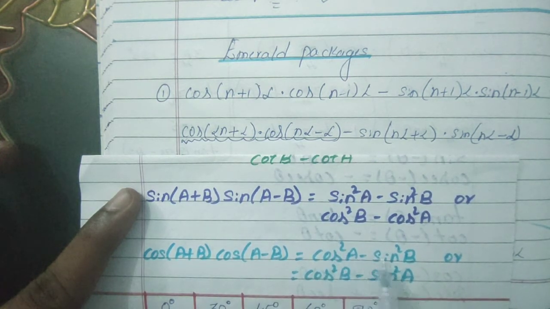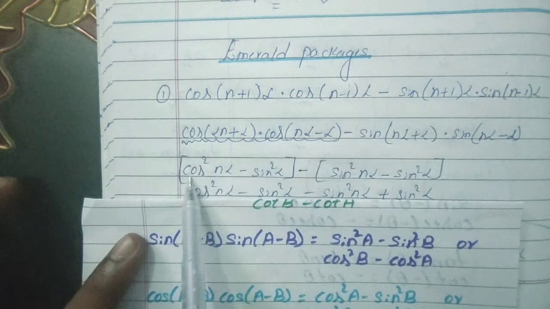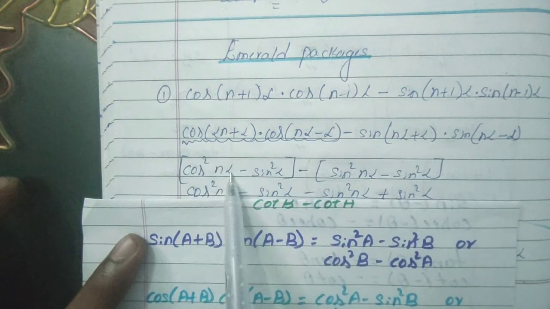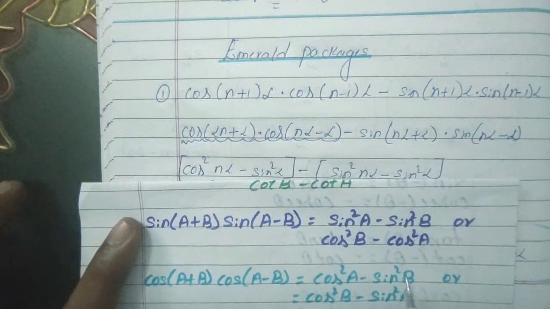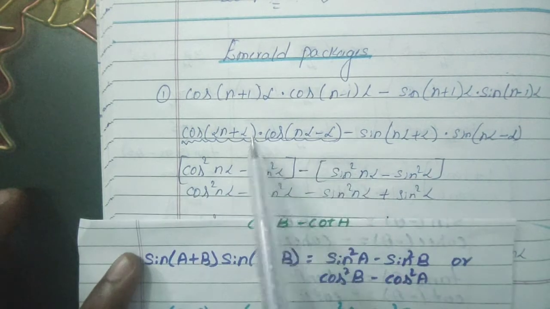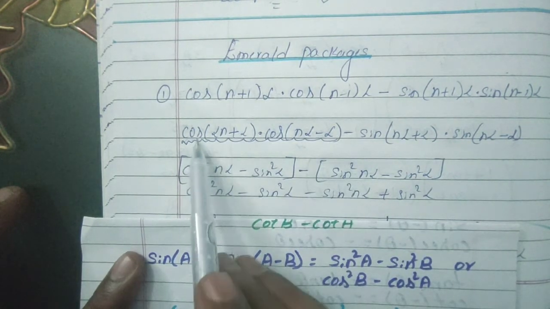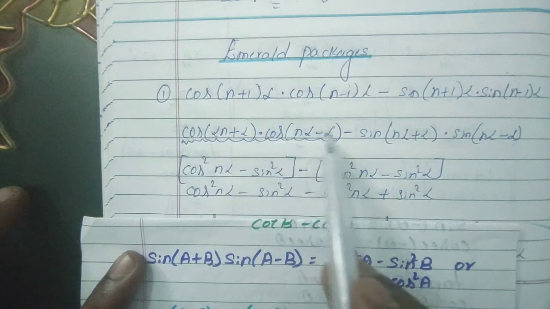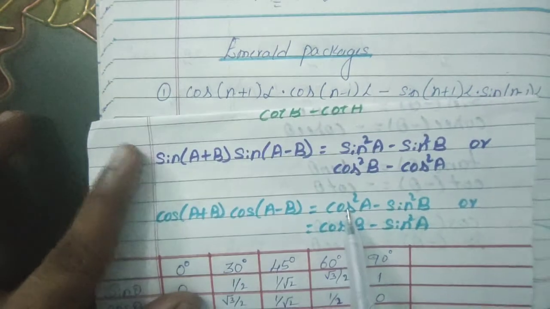Cos square a minus sin square b. This I will apply: cos square a means n alpha, minus sin square b, where b is alpha. Okay? Here I used the cos(a+b) into cos(a−b) formula, cos square a minus sin square b.